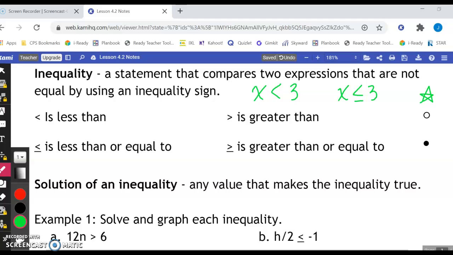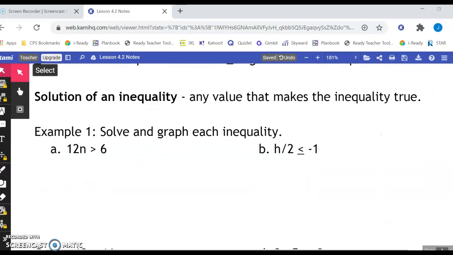And if it has the underline, if it's equal to, then we're going to fill in that circle when we graph. So the solution is any value that makes the inequality true. So any number that we can plug in that works in our equation will be a solution to the equation.